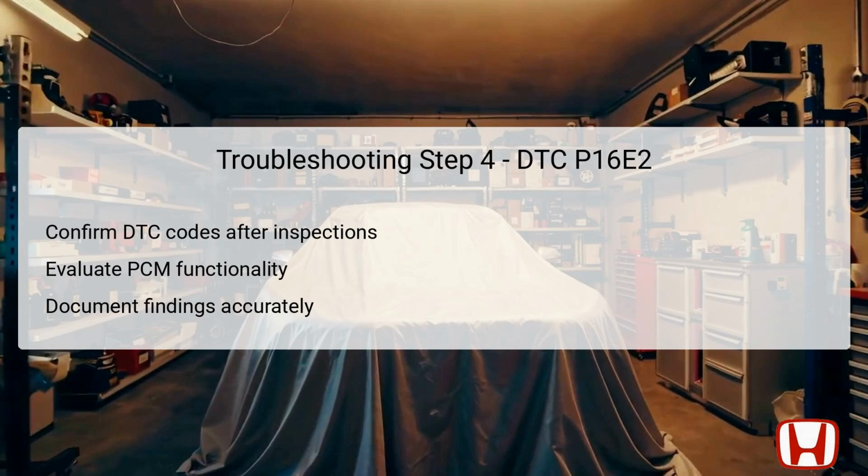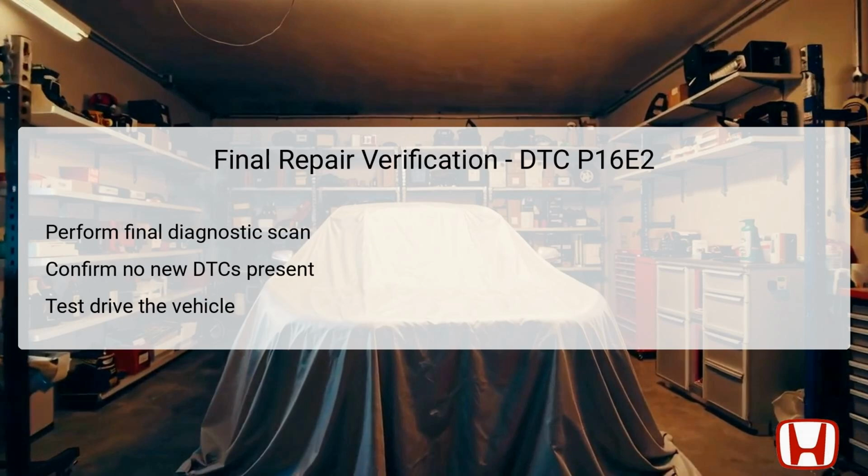After completing all troubleshooting steps, a final repair verification is vital to ensure the issue has been resolved. Begin by performing a comprehensive diagnostic scan of the vehicle to confirm that no new or existing DTCs are present, particularly P16E2.